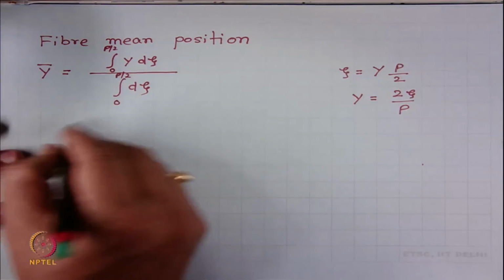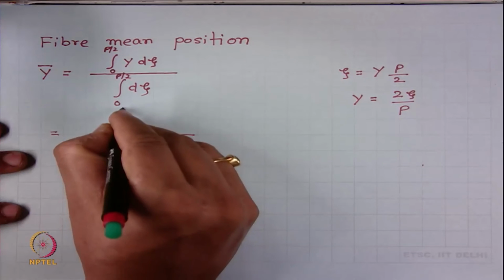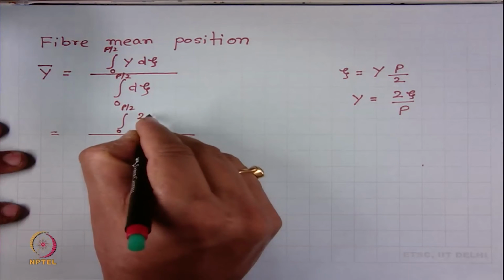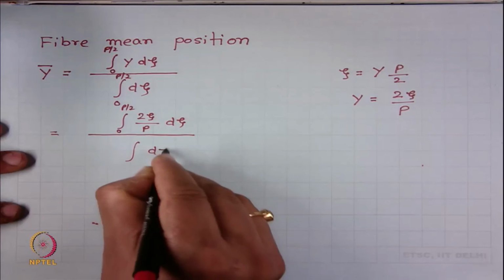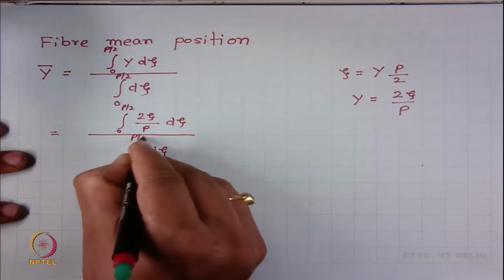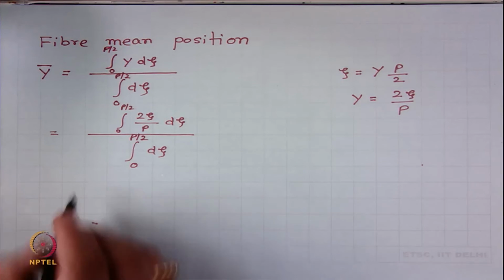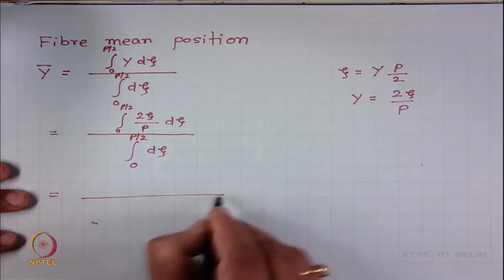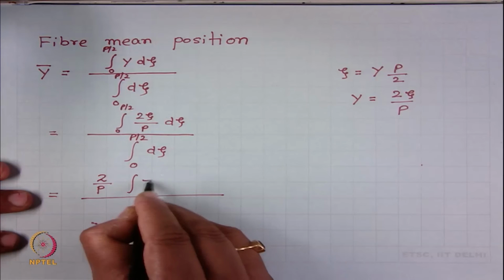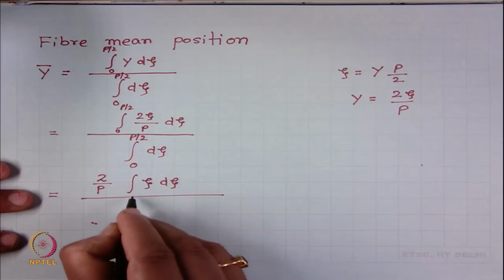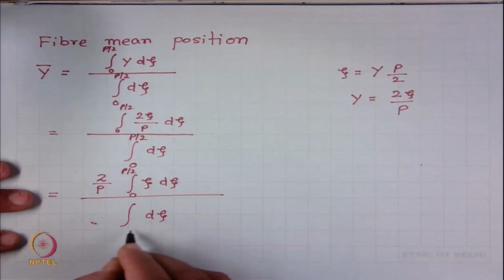If we substitute zero to p by 2, y 2 zeta by p, d zeta 0 to p by 2. P is constant, 2 is constant, it will come out of integration. So, 2 by p, zeta times d zeta 0 to p by 2, d zeta 0 to p by 2.